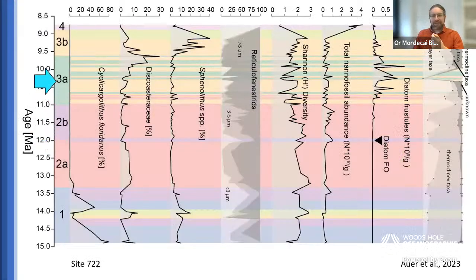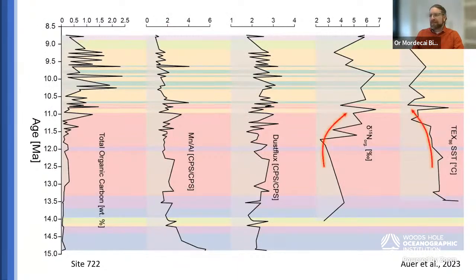And then in the next stage, we're seeing these large reticulofenestrids expanding, a lot more of these mixed layer taxa in the planktonic foraminifera, and also more upwelling taxa in the planktonic foraminifera. Not only that, we're seeing nitrogen isotope moving upwards, indicating that we are shifting to denitrification.